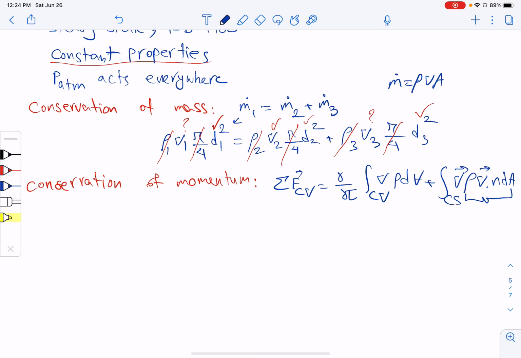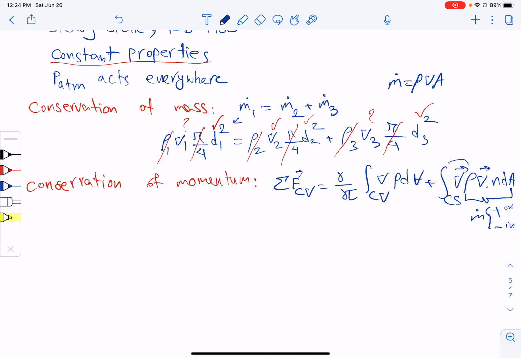And we know that for V dot n, the sign depends on whether it's outflow, which is positive, or inflow, which is negative, right? And V is simply the velocity, and the sign depends on the direction of the velocity.